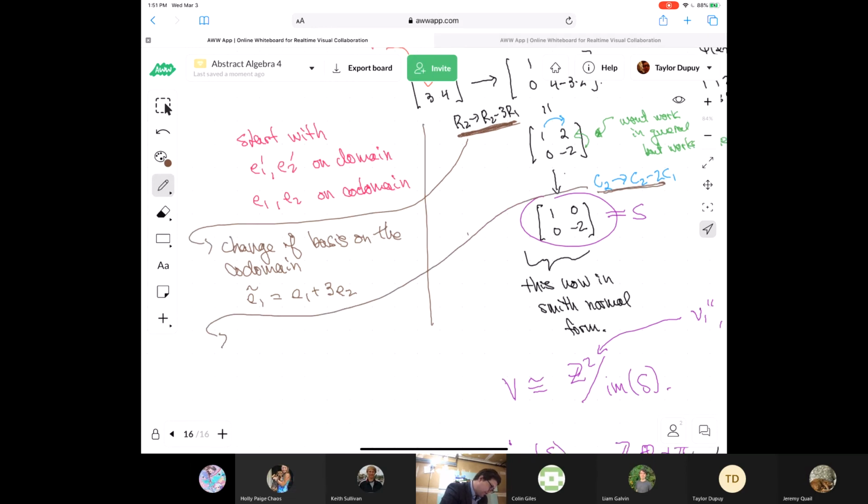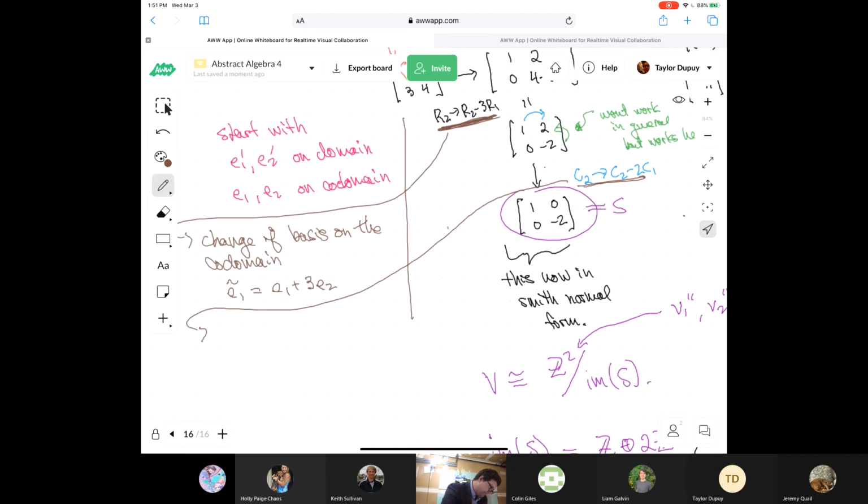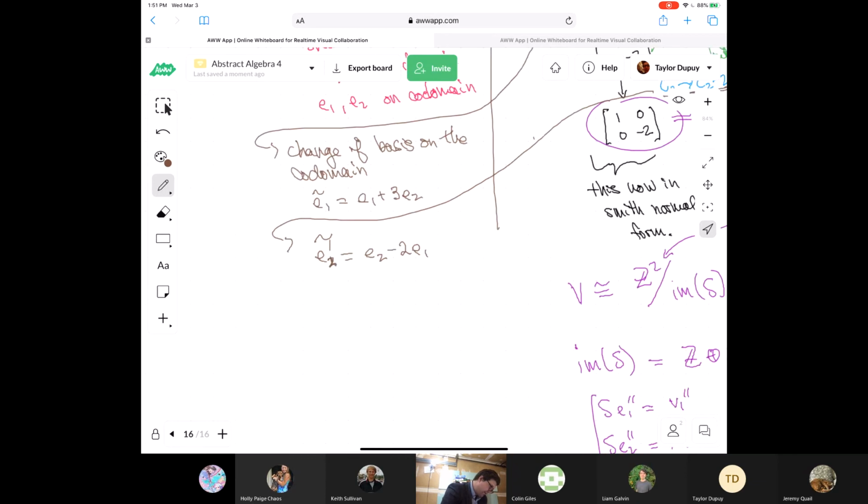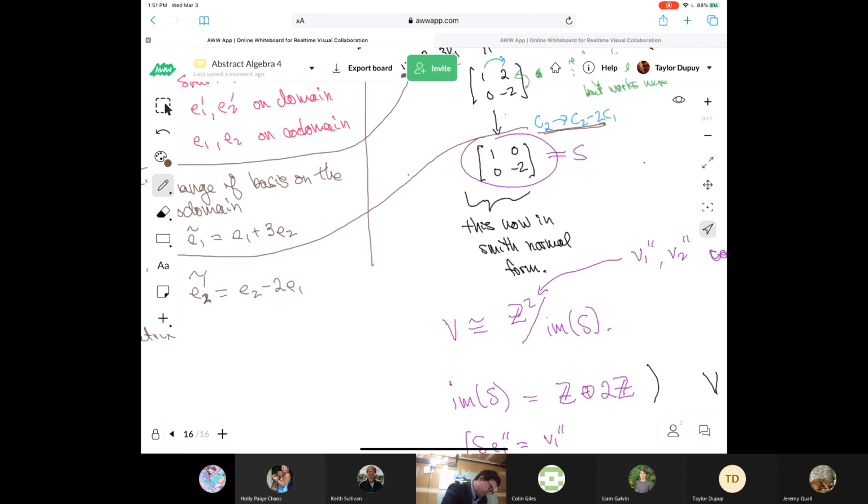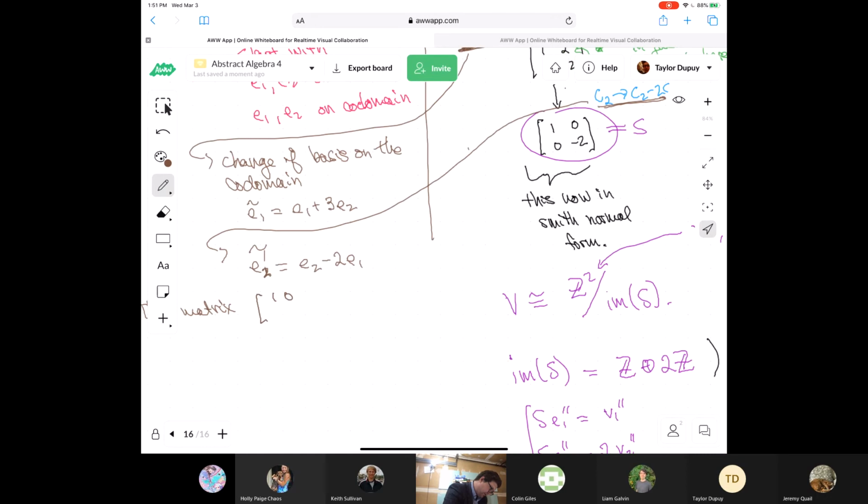Okay, so this is an operation on the domain, and so this says that E1 prime, oh sorry, C2. So this thing goes to E2 minus 2E1. Okay, so now this matrix here, 1, 0, 0, minus 2, is in the basis.